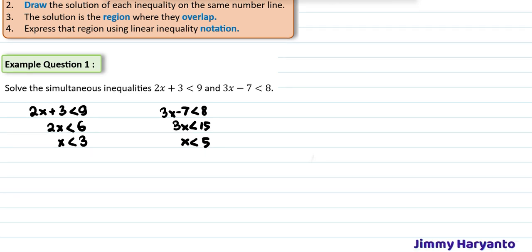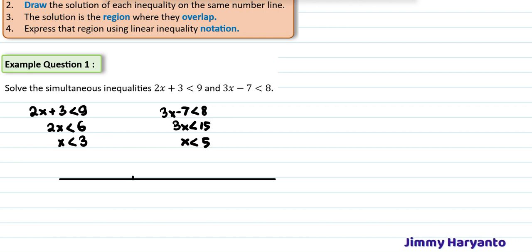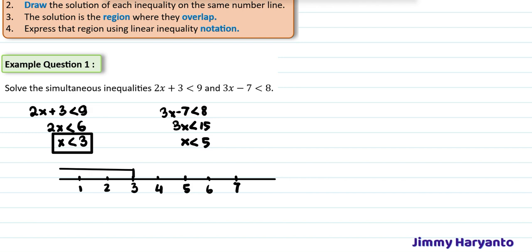Okay, and then we have to draw this on the same number line. So we have 3 right here, and then 5 is right there. This one is 4, this one is 2, this one is 1, just like that. Then I want to draw this one first using the black pen, so I will have an empty dot.